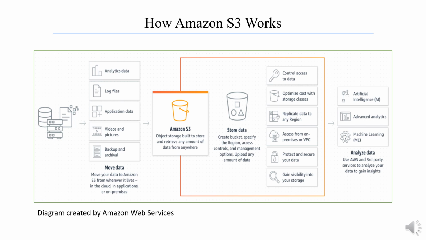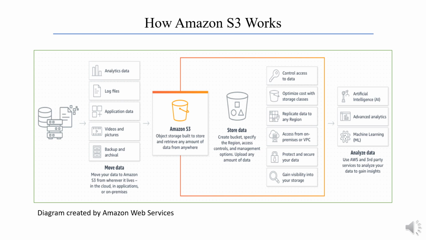Customers of all sizes and industries can store and protect any amount of data for virtually any use case, such as data lakes, cloud-native applications, and mobile apps. With cost-effective storage classes and easy-to-use management features, you can optimize costs, organize data, and configure fine-tuned access controls to meet specific business, organizational, and compliance requirements.